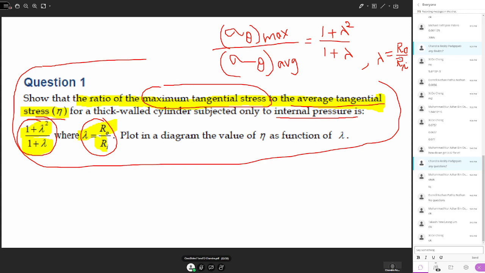To prove this, we need to find out what the maximum tangential stress is.